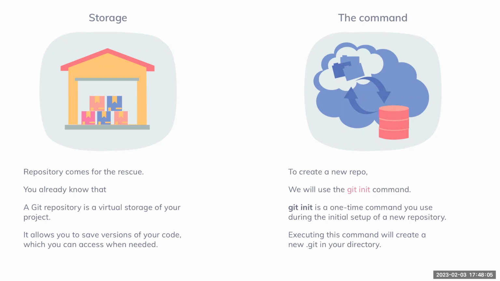So how are we going to create it? What kind of commands do we use for all the steps, from creating a repository to committing and pushing the files? We'll see them one by one. To create a repo, we use the git init command. It is a one-time command used during the initial setup of a new repository.